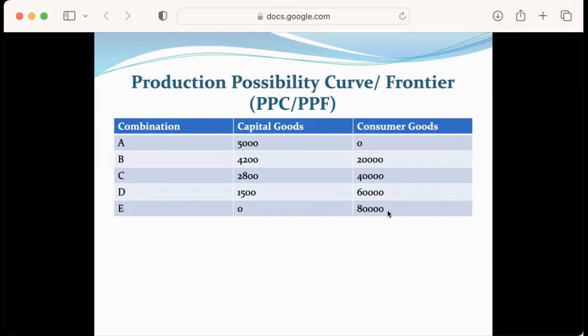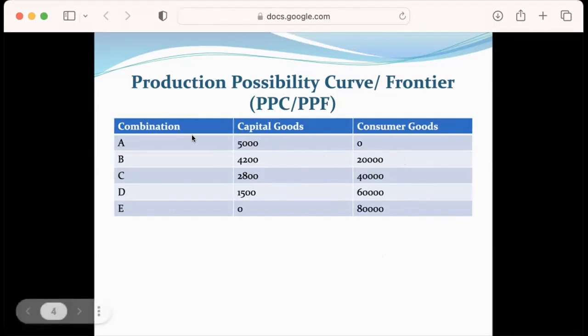Or else the country has other combinations. That is, sacrifice some of the capital goods, 800 machines, and produce just 4,200 machines, then the country can produce 20,000 units of consumer goods, and so on, like you see in this table.